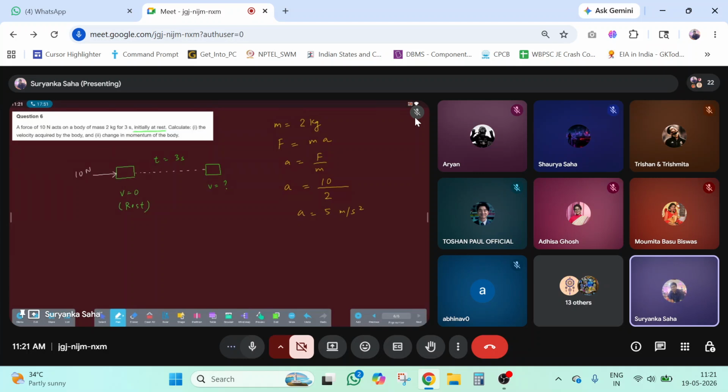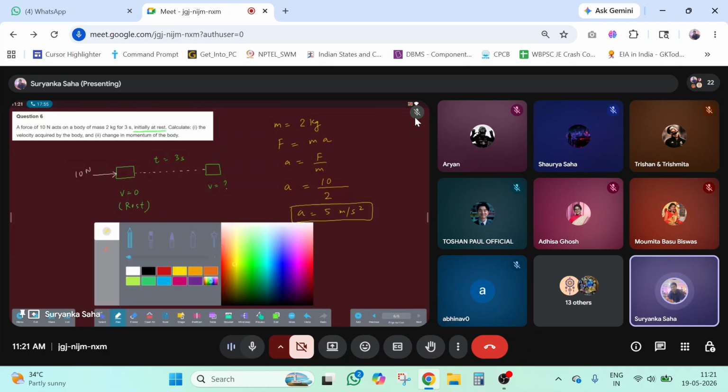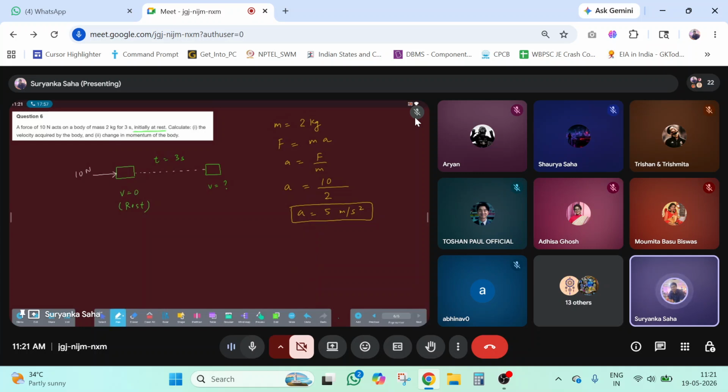Now using this value of acceleration, we are going to find the final velocity by the motion in one dimension chapter formula. What is that? Acceleration equals (v minus u) by t. Yes, absolutely right. This is the time, 3 seconds.